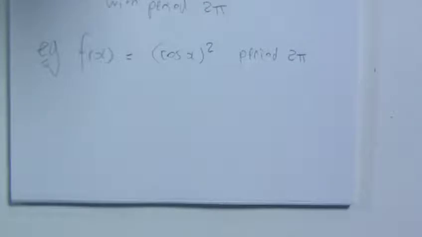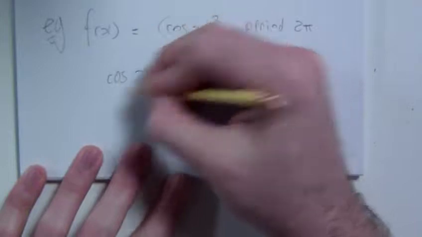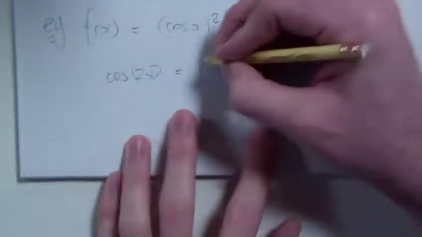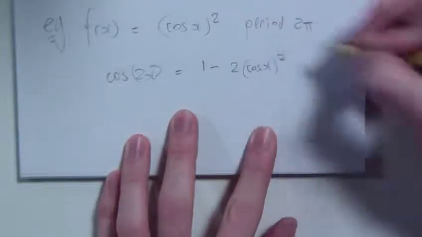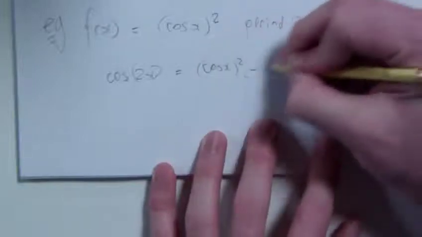Like, I know that cos of 2x can be written as cos squared minus sine squared.